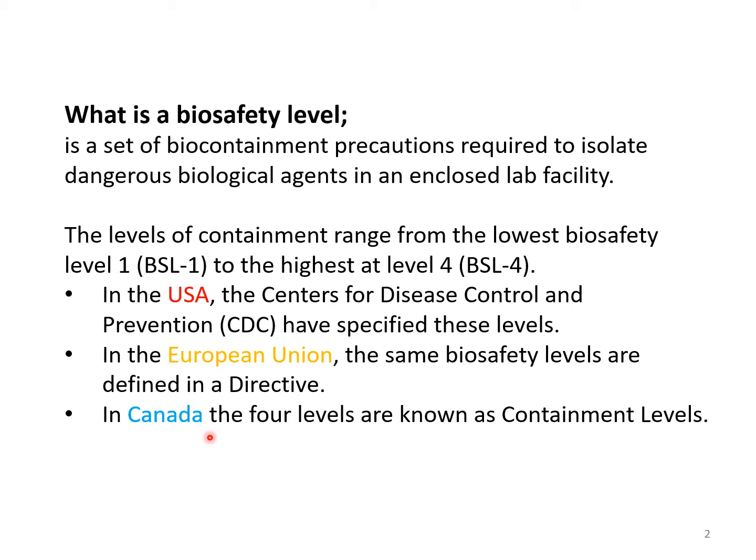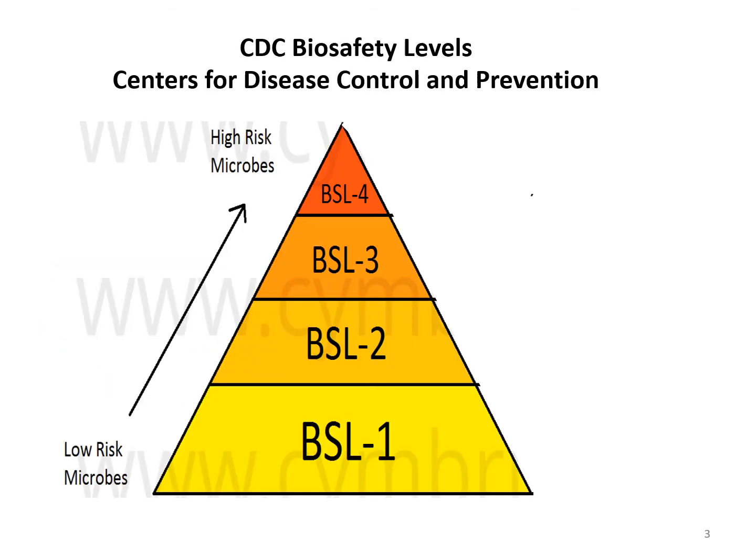Similarly, in Canada, they call these four levels containment levels: containment level 1, containment level 2, and so on up to level 4. Only the names differ; the severity and distribution of biopathogens is the same in all three systems.